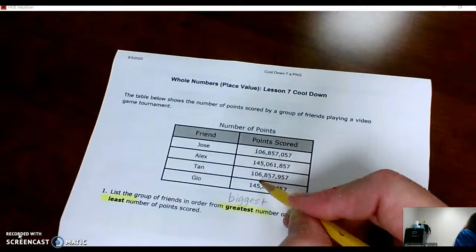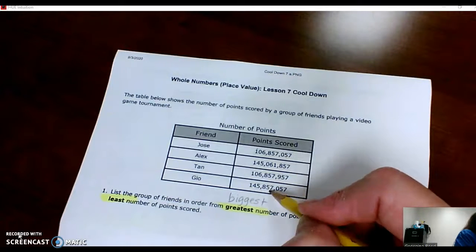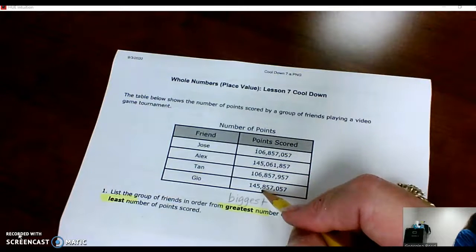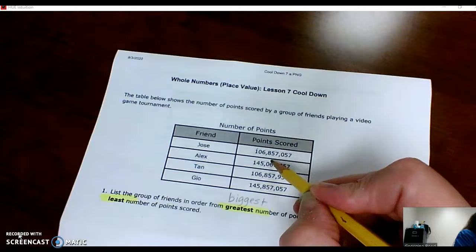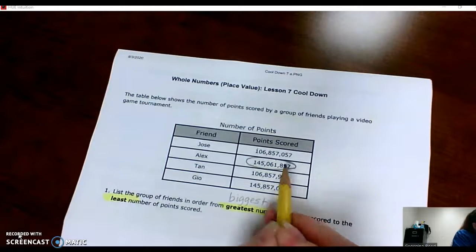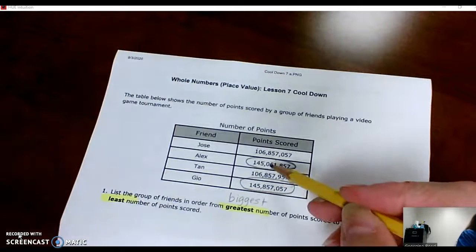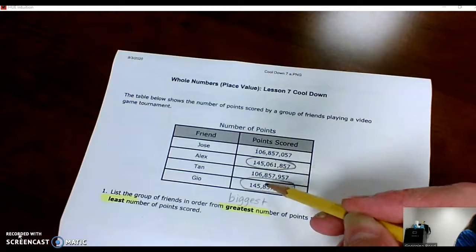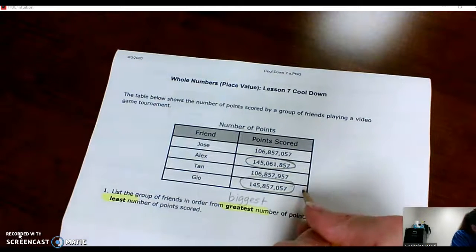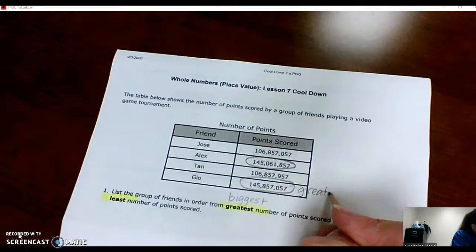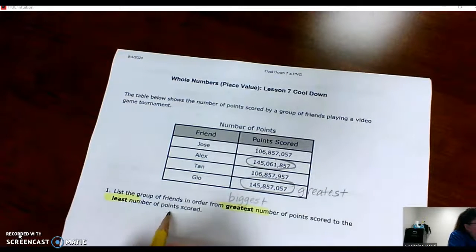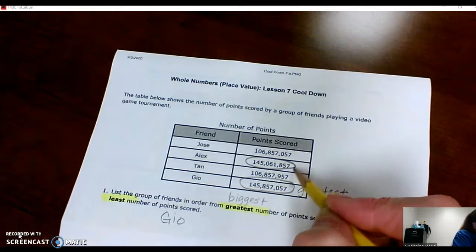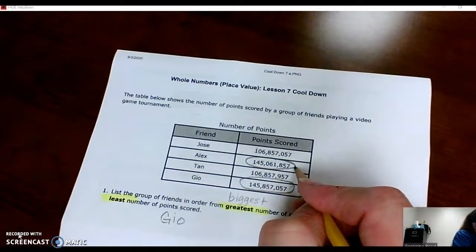So these two are bigger than these two, but I need to find which is bigger of these. So then I go to the next number of these. So now I'm looking at this number and this number. This number in the hundred thousands place has an 8. This is my greatest. So I know that my answer has to start with Geo. But I know this number is bigger than these two, so this is my next one.